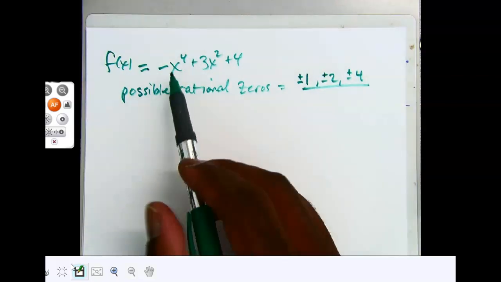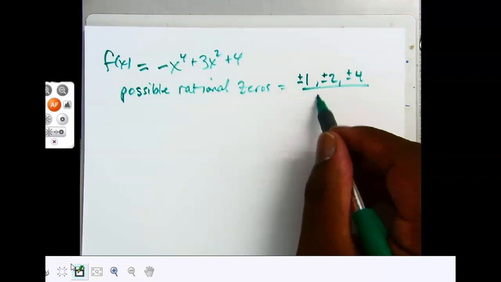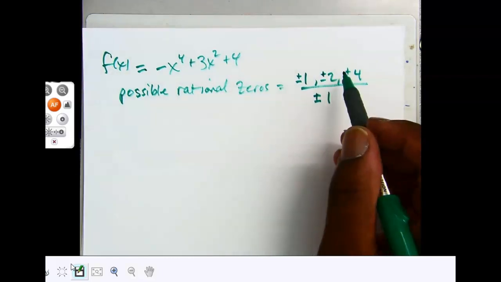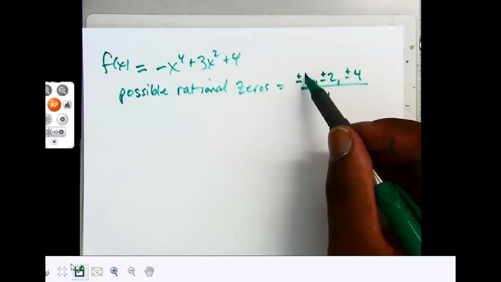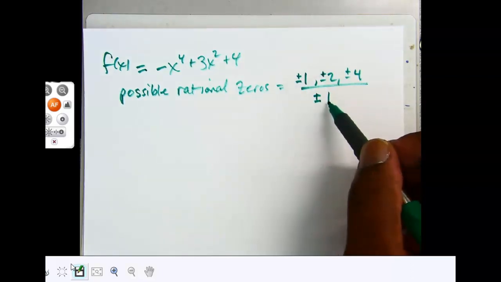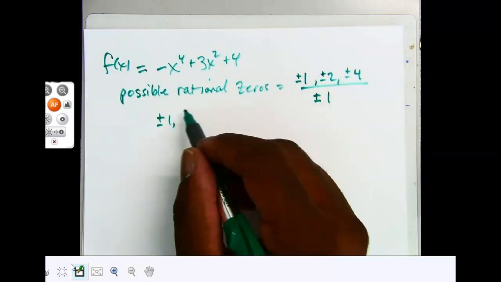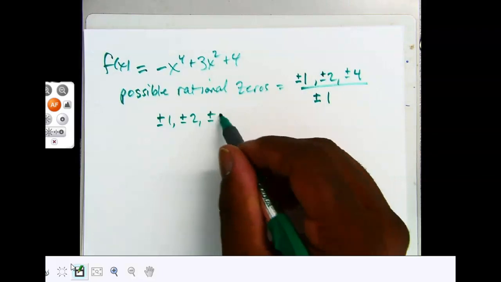The leading coefficient here is -1. So the only factors of -1 are plus or minus 1. So here are all of our possible rational zeros. So it's the ratio, so it's plus or minus 1 divided by plus or minus 1. So that's going to give us plus or minus 1. 2 divided by 1 is 2. And 4 divided by 1 is 4.